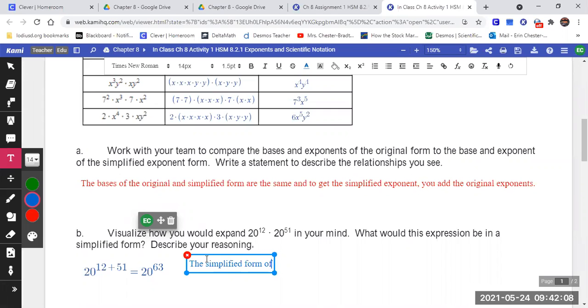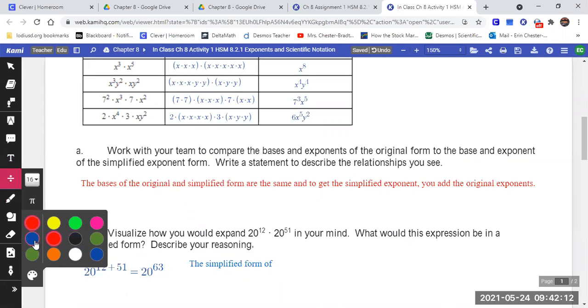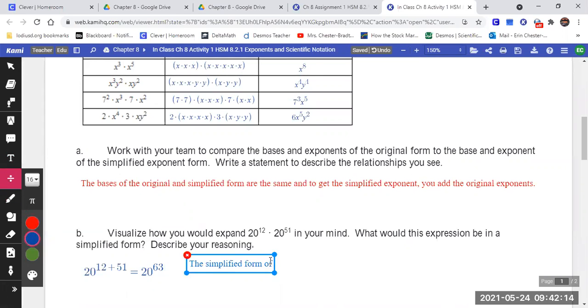Now, this is where we get around having words and math. We go ahead and do the math, like we stick it in the middle. 20 to the 12 times 20 to the 51.